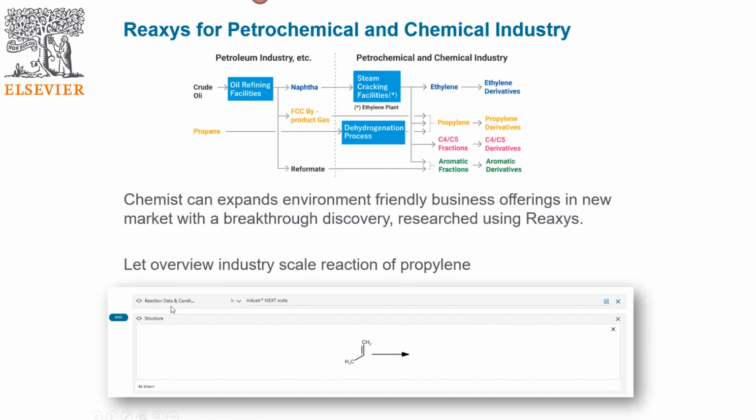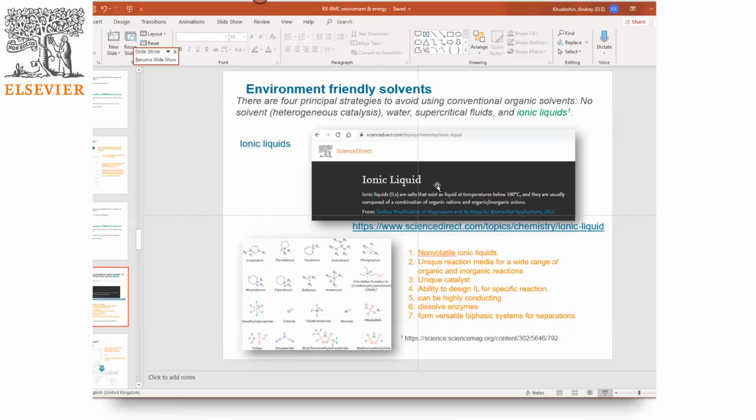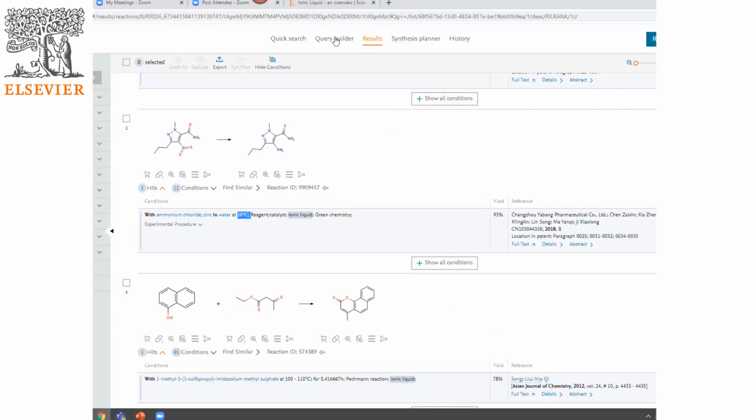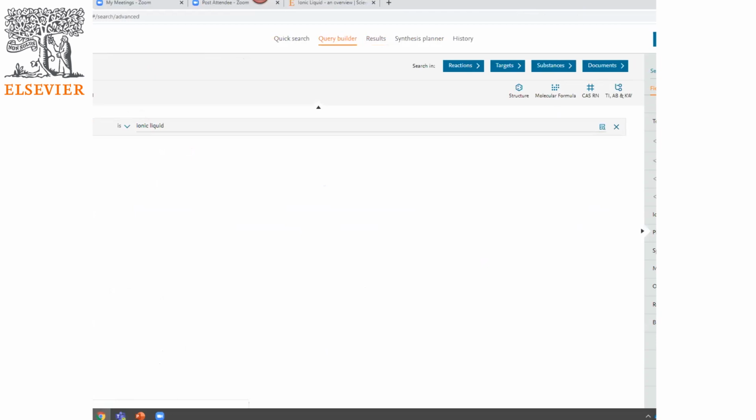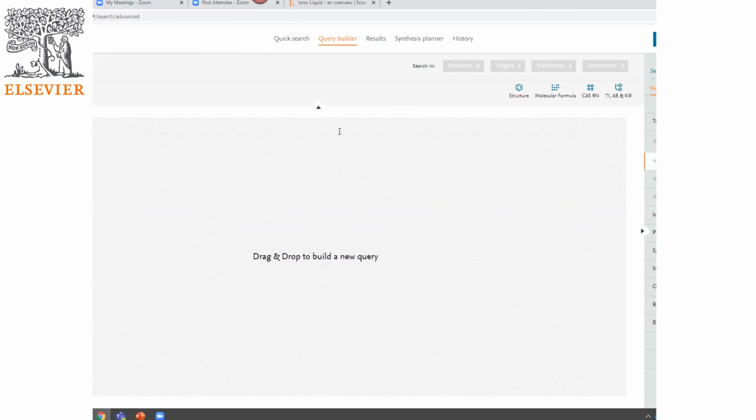For this end, you will need to use this searchable field reaction data and condition, draw the propylene and put the arrow. So again, this reaction data condition, which is available over there. Query builder, topics and keywords, and reaction data condition.